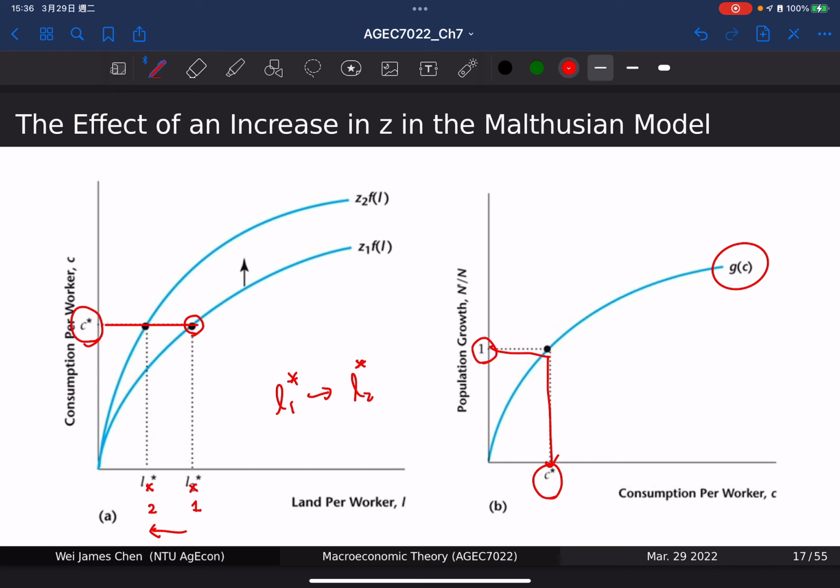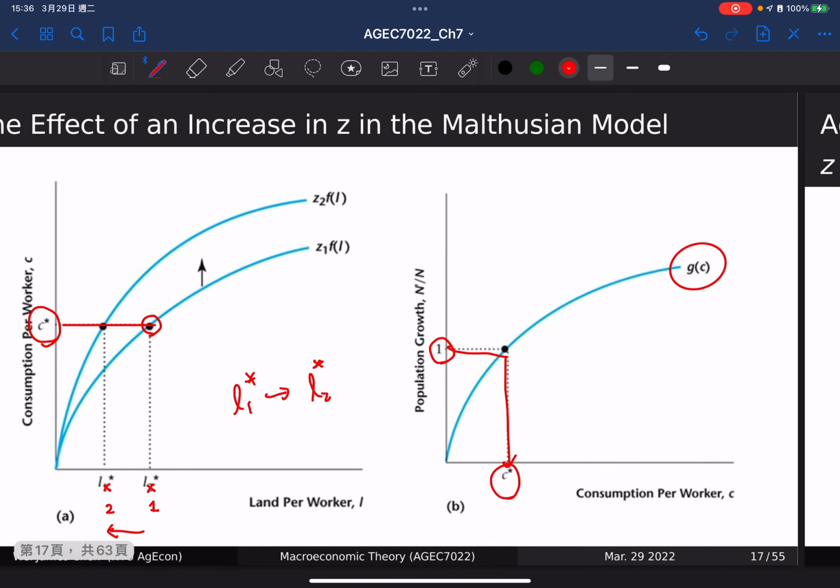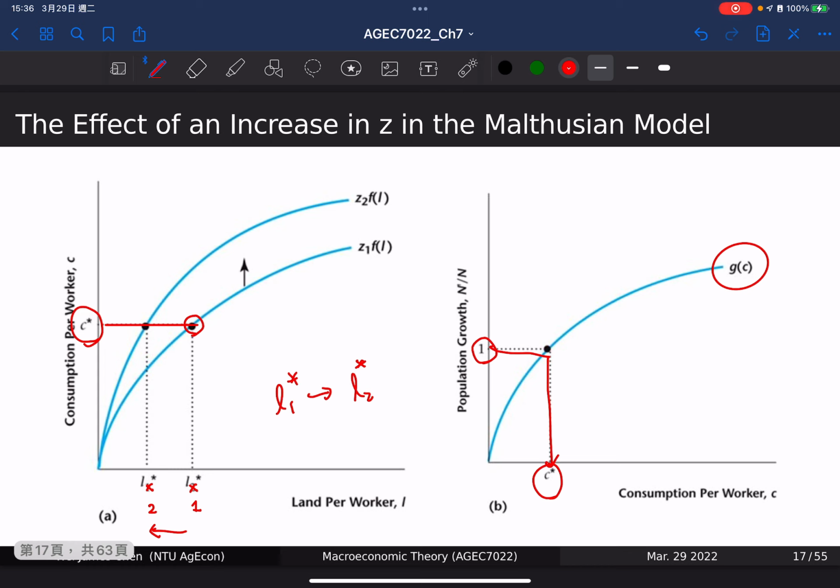So it decreases. Okay. But I mean, the economy is better. It should be better, right? Because the technology is better.